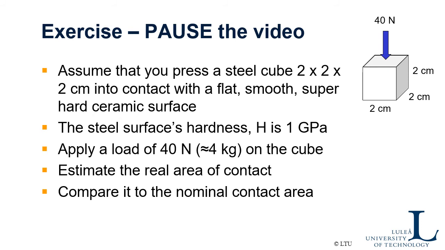So you can play around with this now by checking this exercise. You can stop the video and you can solve this problem. Okay, I hope you have done that now, and then we can do the math here.